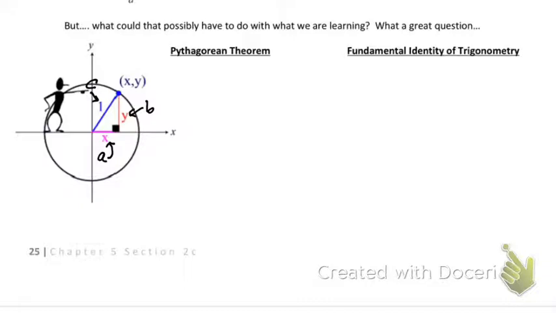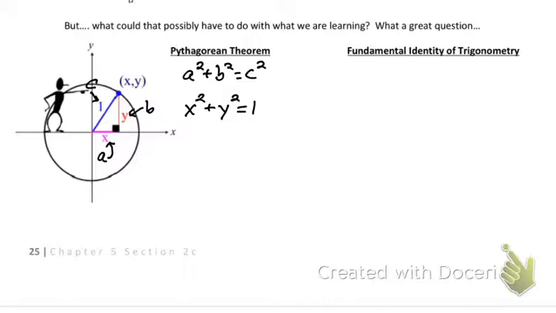So according to the Pythagorean theorem, with the new values I'm provided, I can rewrite it as x squared plus y squared equals 1 squared. But what's 1 squared? 1, so I'm probably not going to write that squared. It just equals 1.